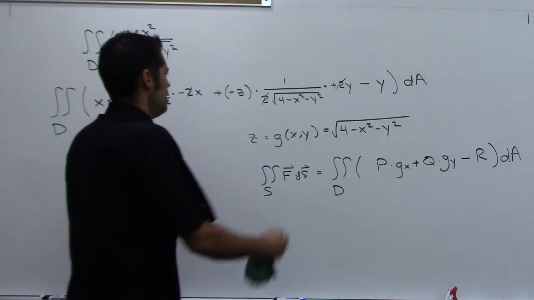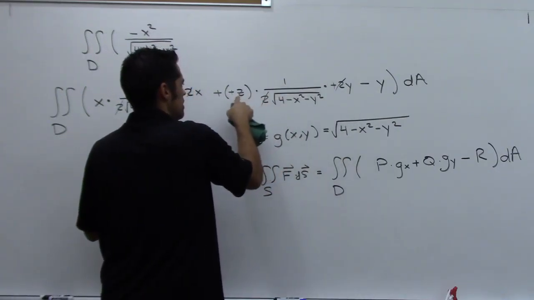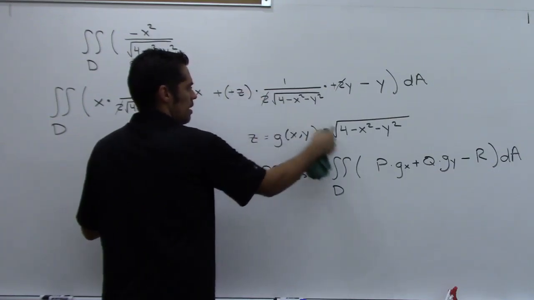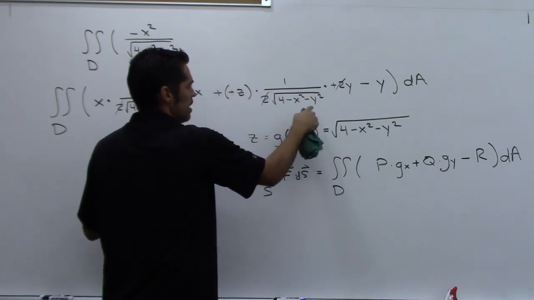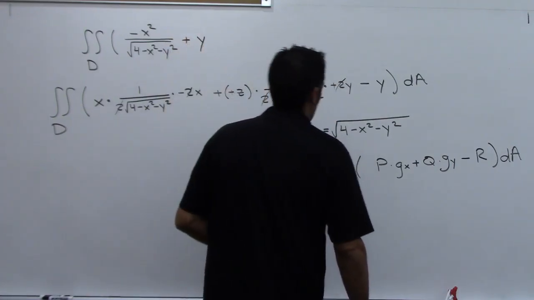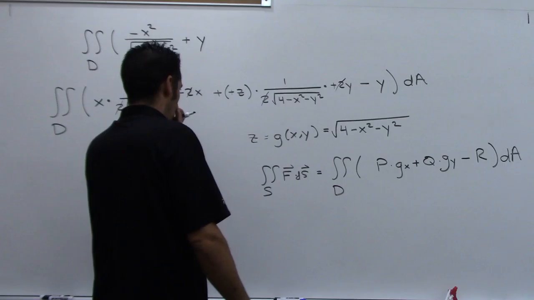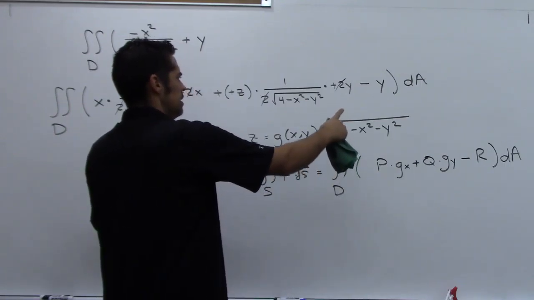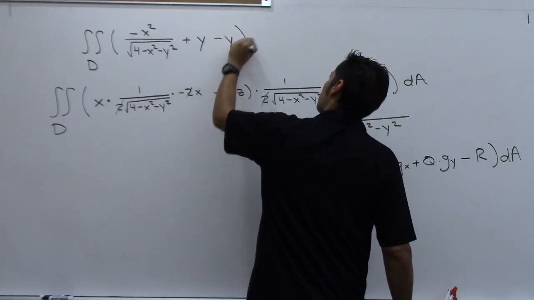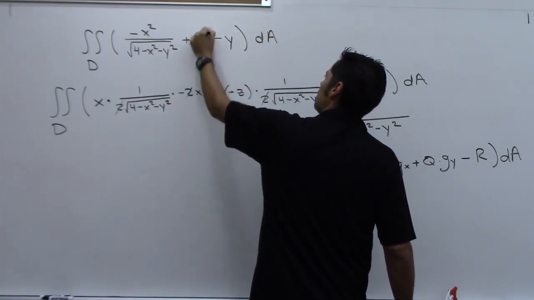So really I'm going to have Y times this, but this is the same as this, so these are going to cancel. When I plug this in right here, these cancel. So all I have here is just plus Y. And then the last part is going to be minus Y, dA. And these Y's cancel.